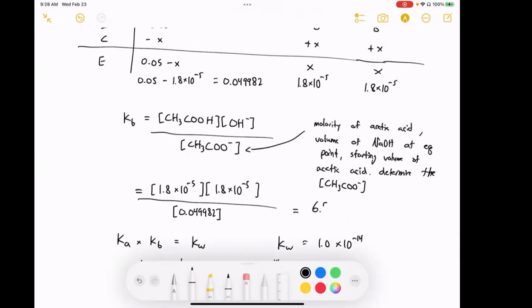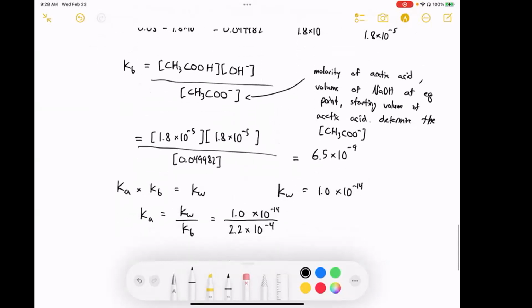So that gives us a value of 6.5 times 10 to the negative 9. Okay, that sounds a little bit better. So now let's plug this back in here: 6.5 times 10 to the negative 9, and we should get a much closer value now. 1e negative 14 divided by 6.5e negative 9.